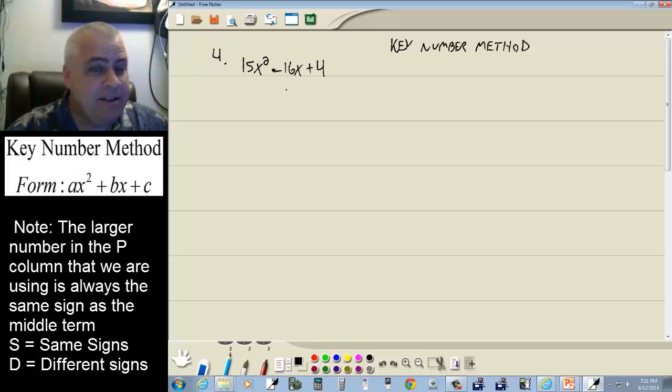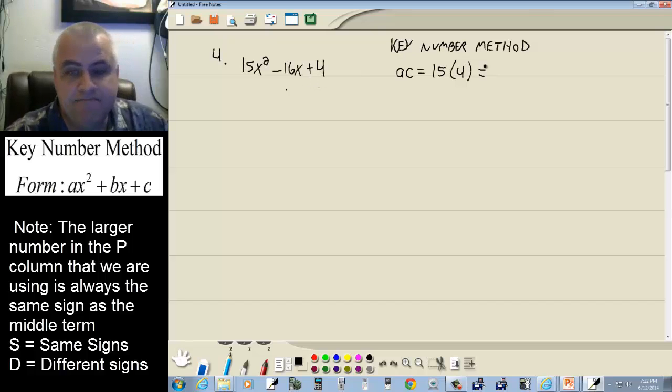Again, the key number method is when you have x squared, x, no x, number in front of your x squared. Now with key number method, we're going to take the number at the beginning, the 15, times the number at the end. So 15 times 4. And we would ignore signs. If that had been a negative 4, we would still just go with positive 4. We handle signs later on.